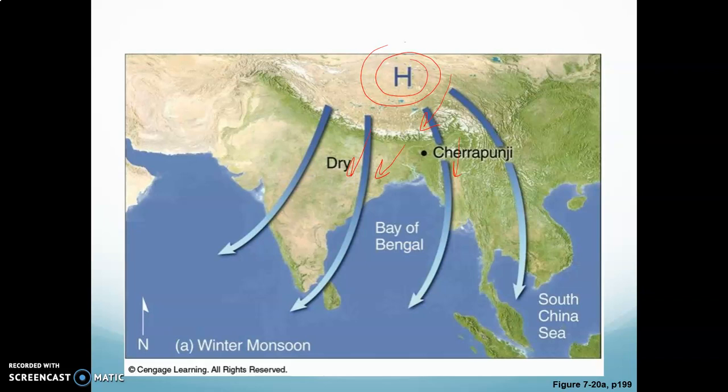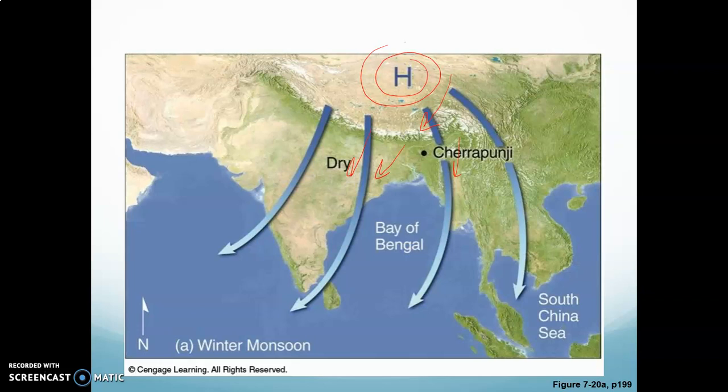We have a high pressure that's driving wind from the high mountains to the lower lands of India, Indonesia, and so on. So this can be a katabatic wind. It doesn't have to be a katabatic wind all the time, but it can definitely produce katabatic winds. This is known as the winter monsoon. Very dry, very cold air.